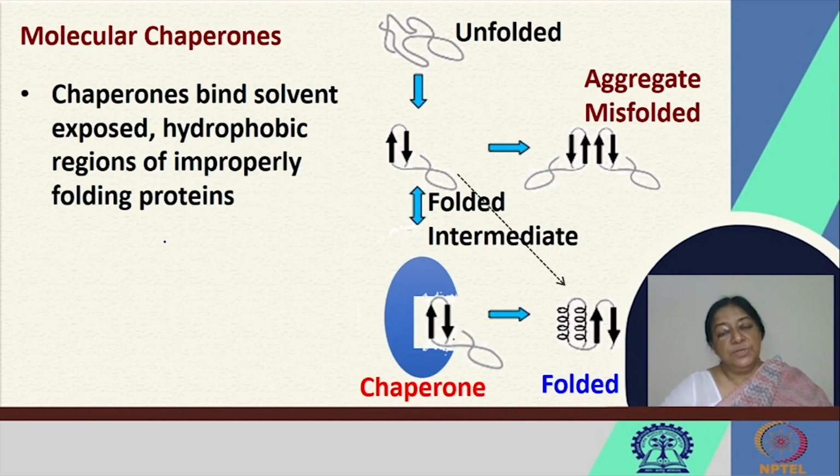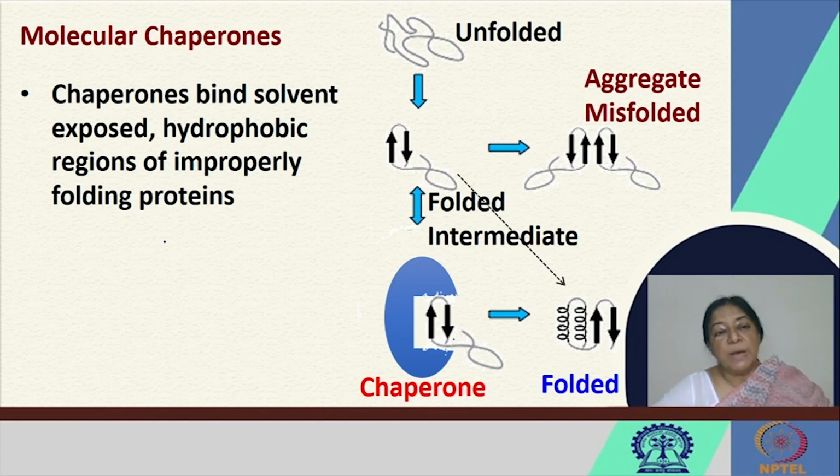The chaperones, on the other hand, bind solvent exposed hydrophobic regions of improperly folded proteins. So in the previous case, we looked at a proteasome system where a protease is present that, as we have seen, cleaves peptide bonds.